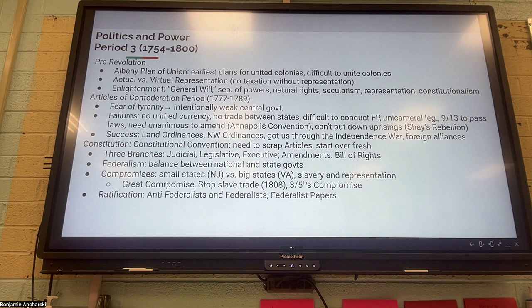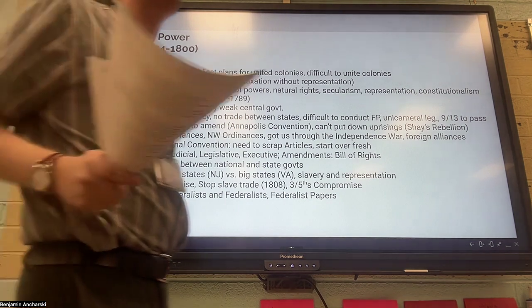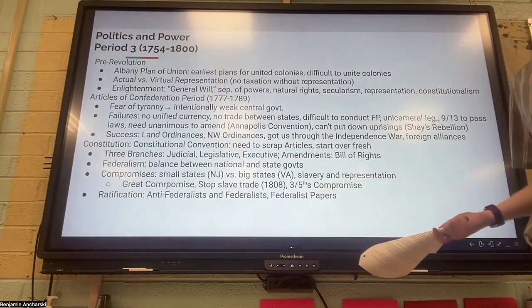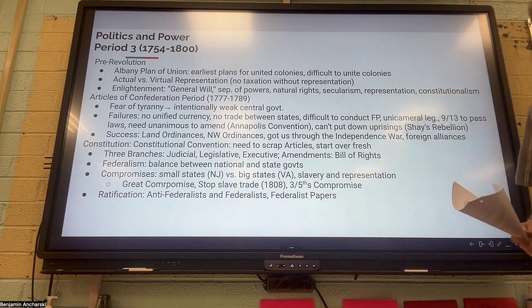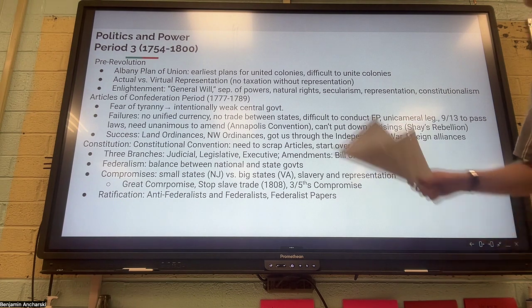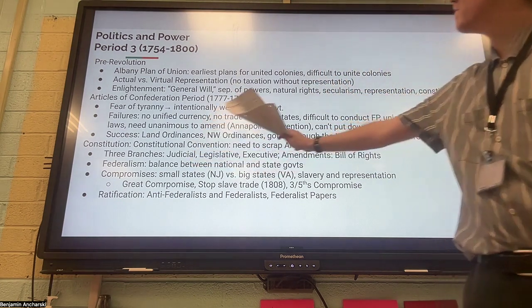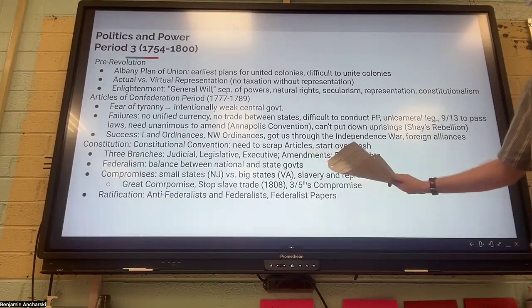What about small states? What was their proposed plan for what the new government would look like? So if not based on population, then what based on? Equal representation. Every state, regardless of size, would have the same amount of representatives. That was the New Jersey plan. The big state plan was the Virginia plan.